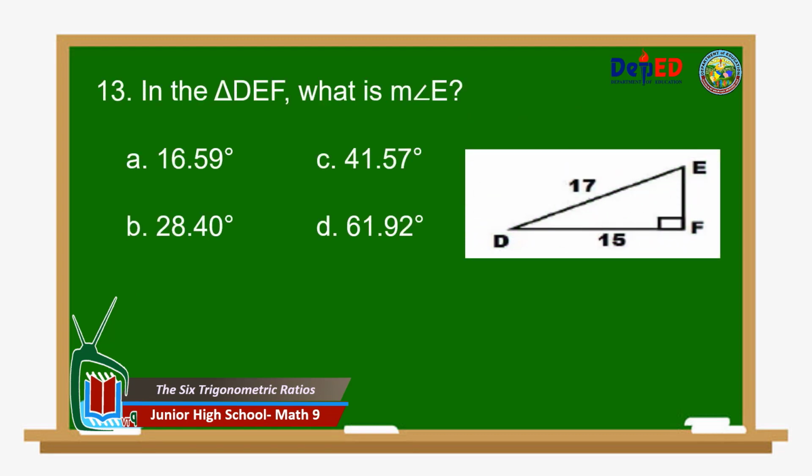In the triangle DEF, what is the measure of angle E? A. 16.59 degrees. B. 28.40 degrees. C. 41.57 degrees. Or D. 61.92 degrees.